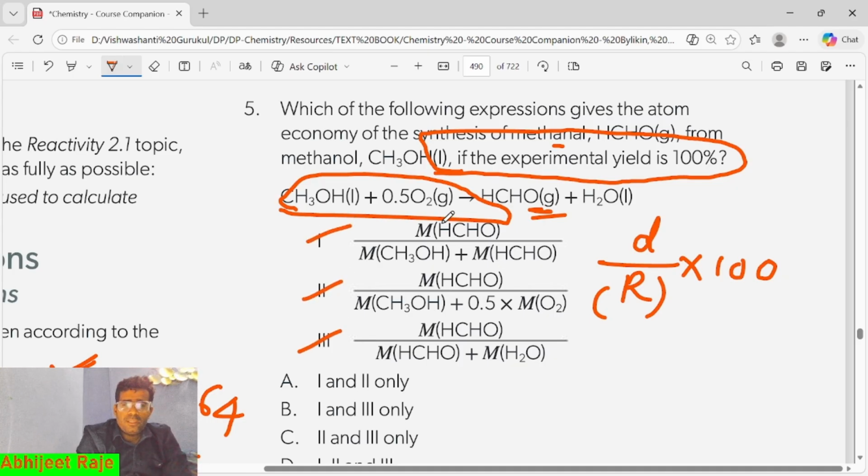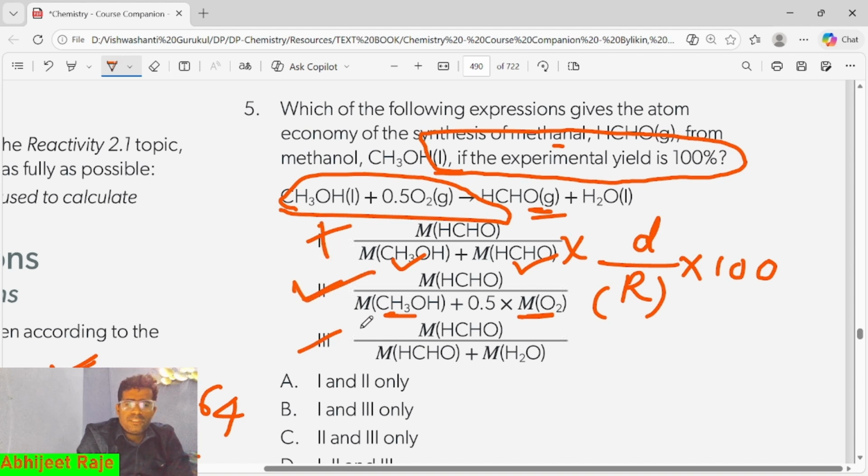Okay, denominator we can see, we have methanol, we have this formaldehyde they also wrote, so this option is gone. We want only reactants on the denominator, right? Second thing they have given, this is methanol and this is reactant, so this option is 100% correct. This first one is gone.